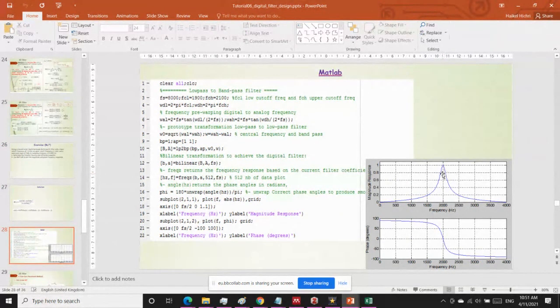So it is true, it's a band pass filter. This is a narrow band, and this is the phase. So yes, indeed it is a band pass filter.